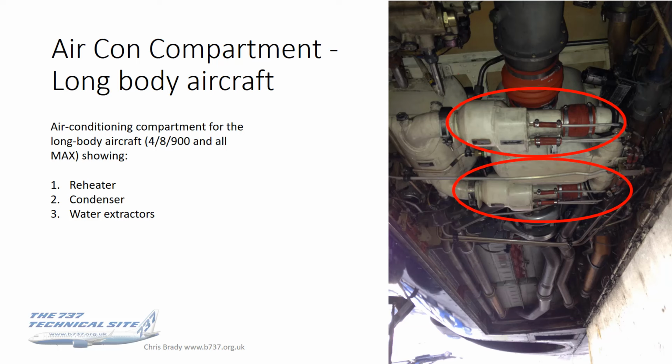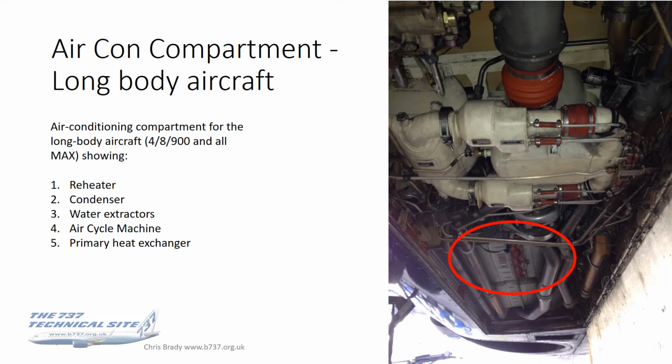All those units in the light colour that I've highlighted so far are collectively known as the high pressure water extractor, and it takes the same role as the water separator in the previous photograph. The rest of the components are just the same. We've got an air cycle machine there, primary heat exchanger and secondary heat exchanger. What you can also see on this photo that you couldn't on the others is the ram air exhaust louver, simply because of the angle that I took this photograph at.